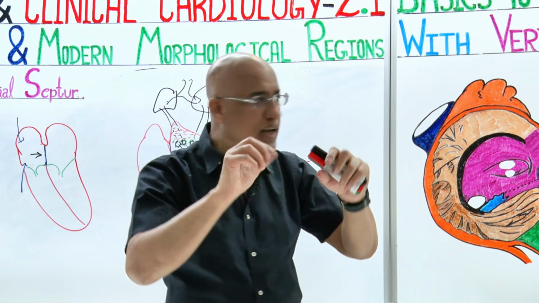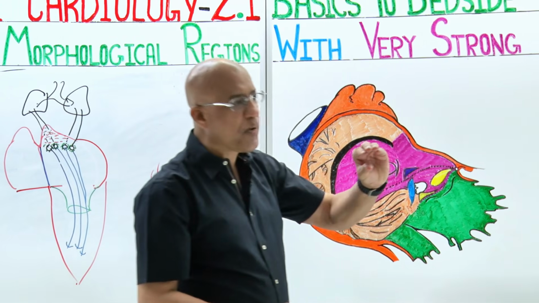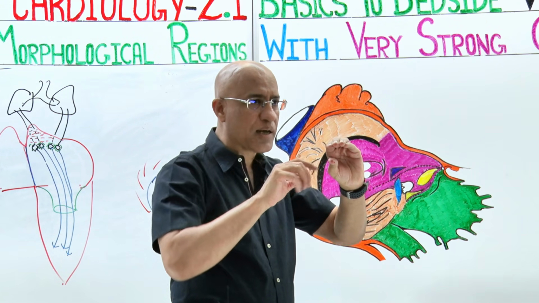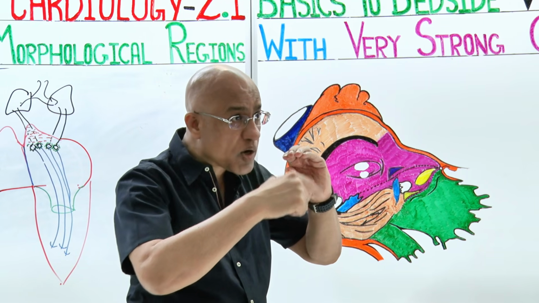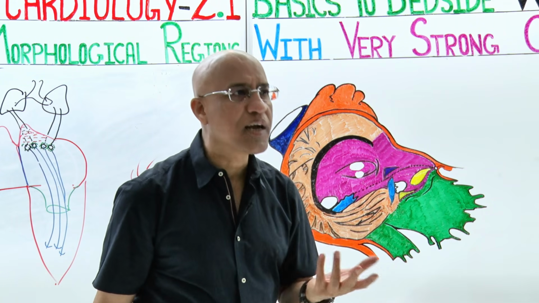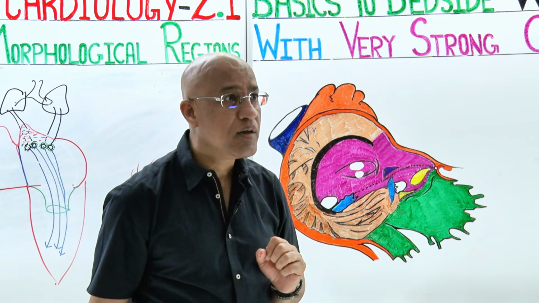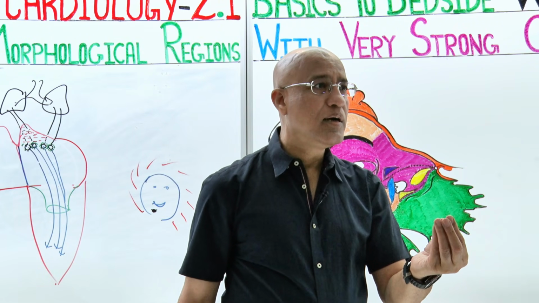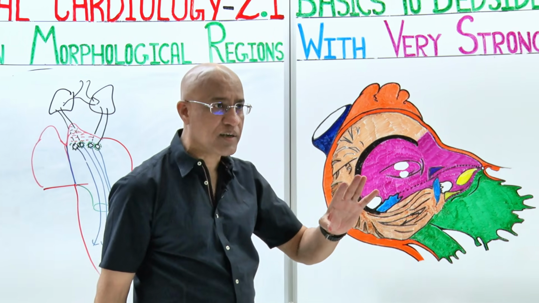For example, if this is a pulmonary vein opening into the left atrium, some of the myocardium goes over here. But this myocardium is very naughty, rather nasty myocardium, because in many people this myocardial tissue turns arrhythmogenic. It produces abnormal rhythms, and many a time it becomes a source of atrial fibrillation. We'll discuss a full lecture on atrial fibrillation later.